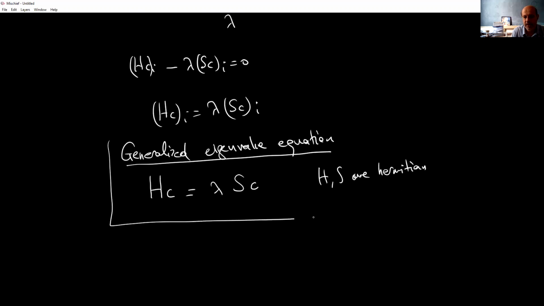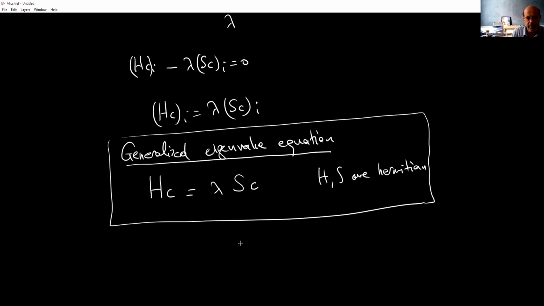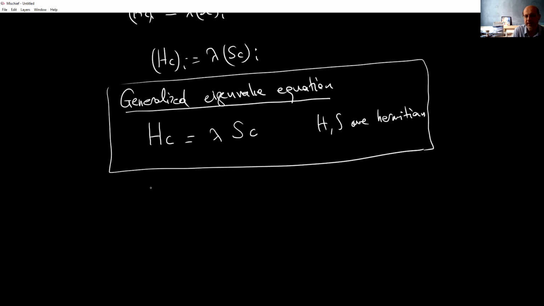Okay. To convert this problem to an ordinary eigenvalue equation, this is what we do. I know that S is a positive definite, invertible matrix. Positive definite means it has positive expectation values. I think I have talked about this before, but I don't want to repeat the same arguments in here.